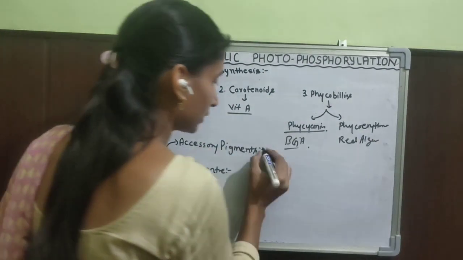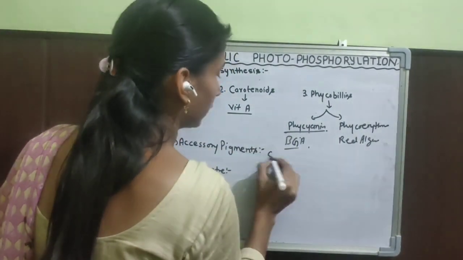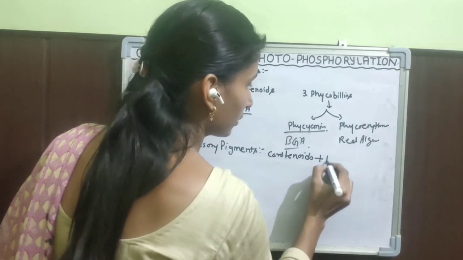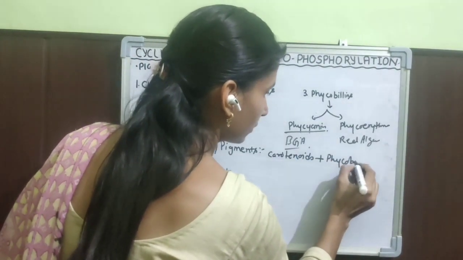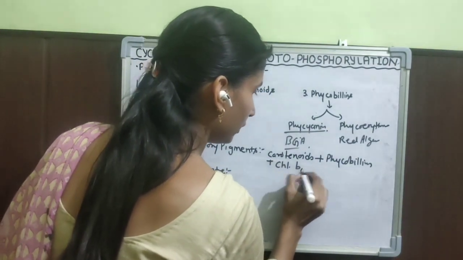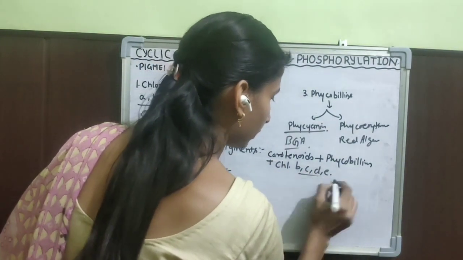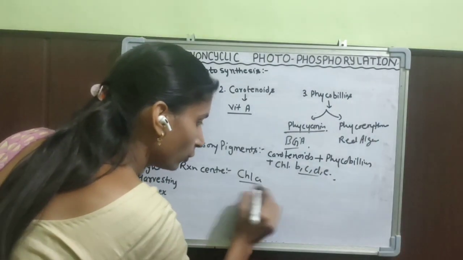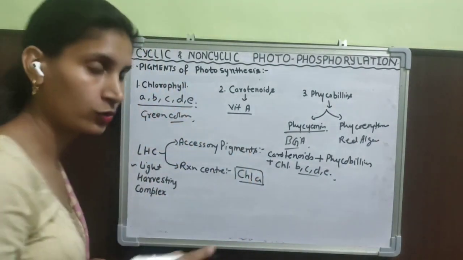After excitation of the molecule, they transfer their electrons to the next level. These accessory pigments are made up of carotenoids plus phycobilins plus chlorophyll B, C, D and E, except chlorophyll A, which is known as the reaction center of the photosystems.